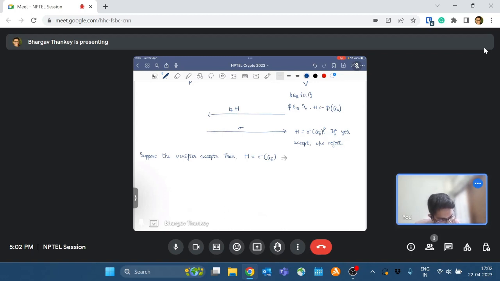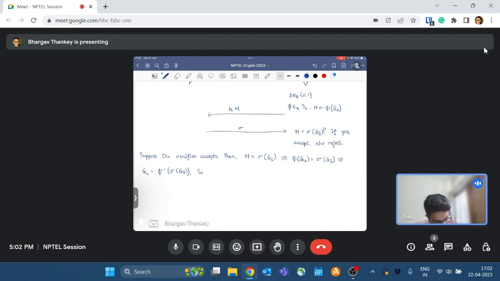So we have phi, which implies that GB equals phi inverse of sigma of GB, right?